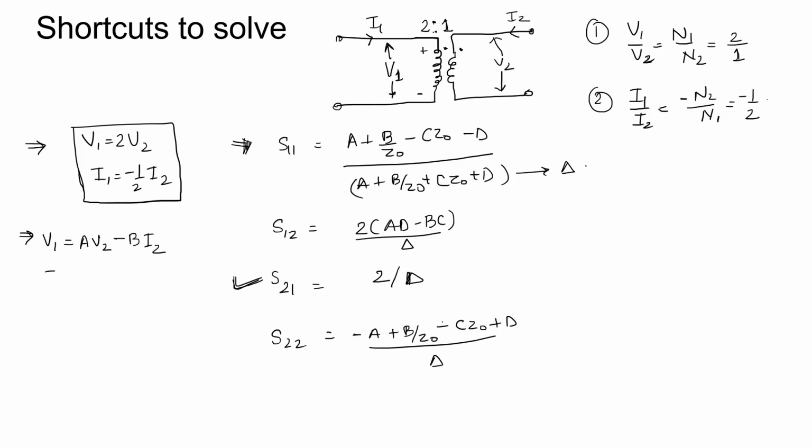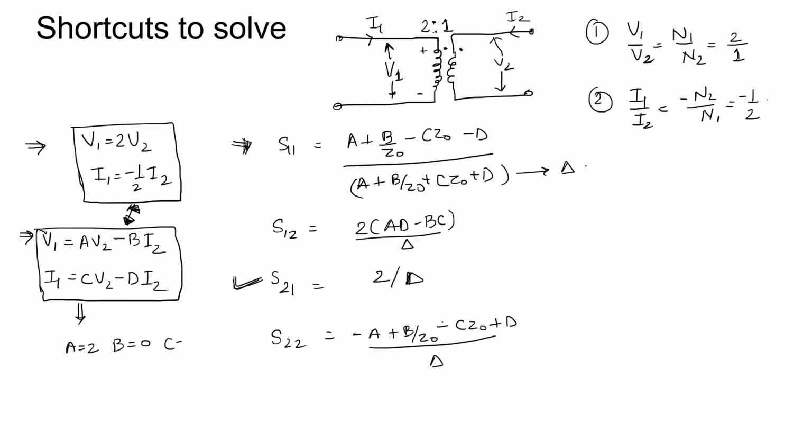So let's compare these equations with the equations of the T parameters. How do we find T parameters? We have another set of equations: V1 is equal to A V2 minus B I2, and I1 is equal to C V2 minus D I2.